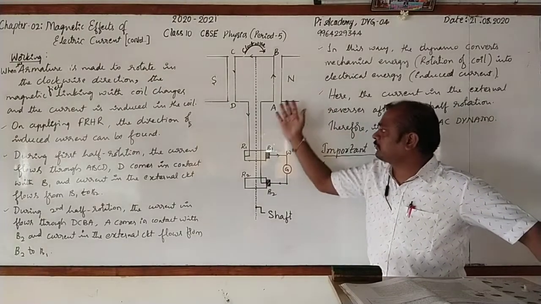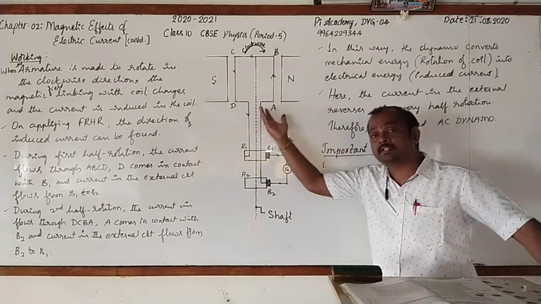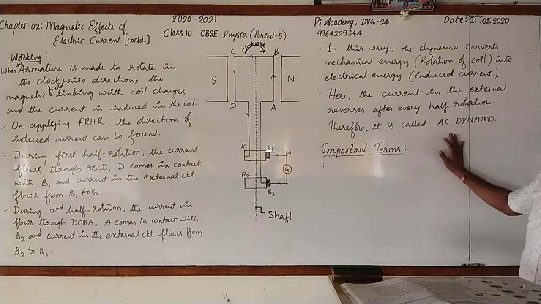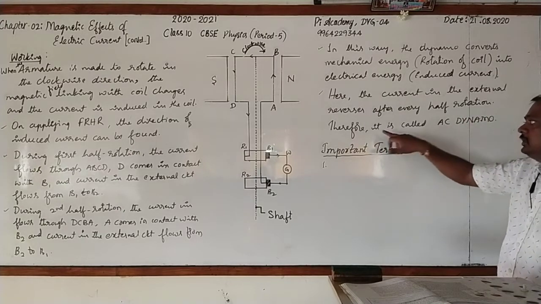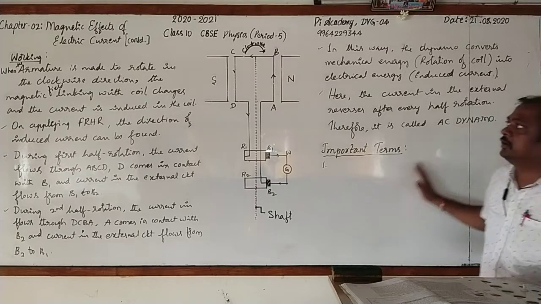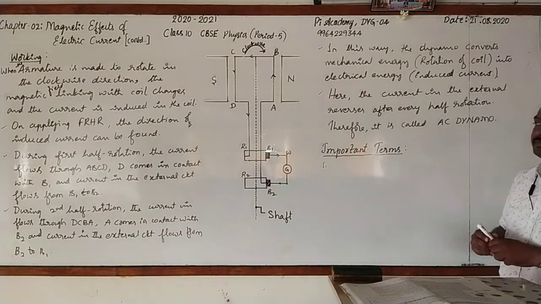See, in first half rotation, current flows from B1 to B2. When it completes the next half rotation, it flows from B2 to B1. As the current reverses, therefore it is after every half rotation, periodically, it is called AC dynamo. Clear? Okay, dear students, now let us come to know some of the important terms.